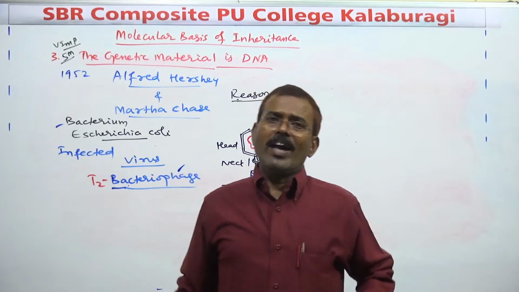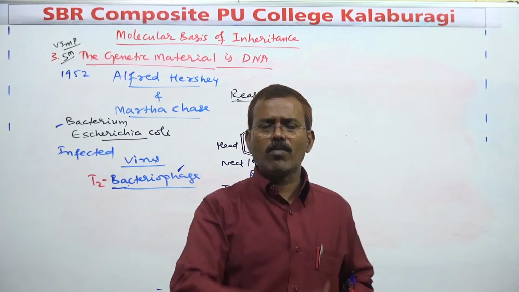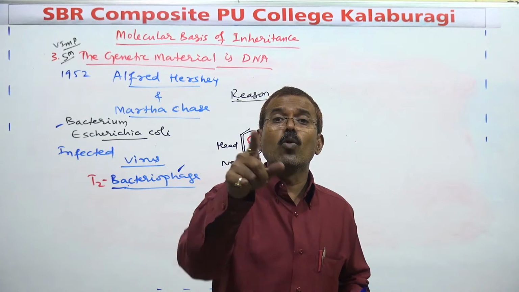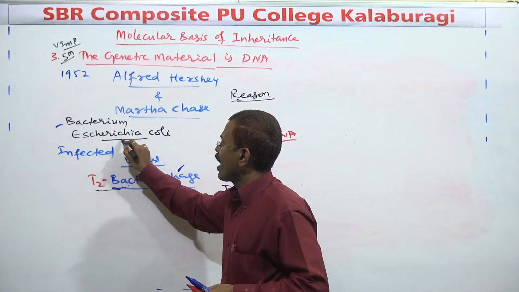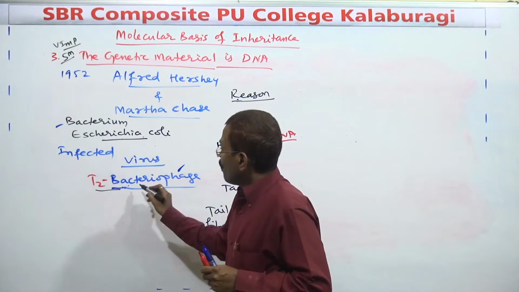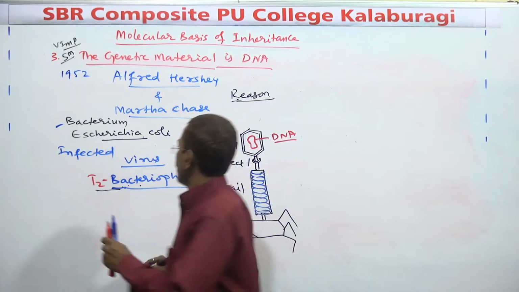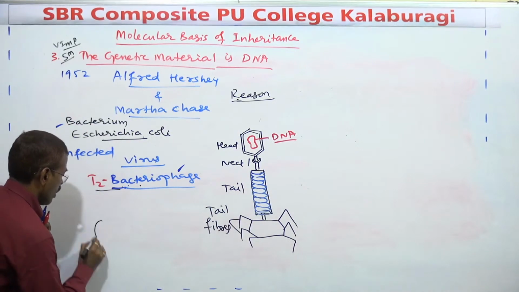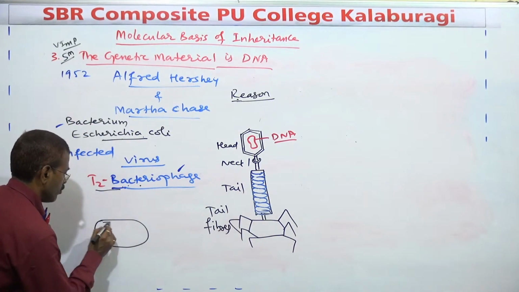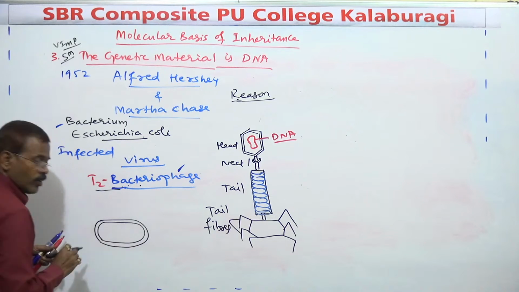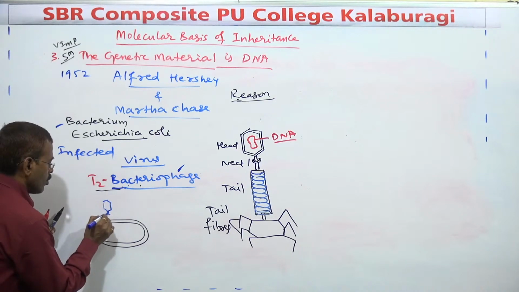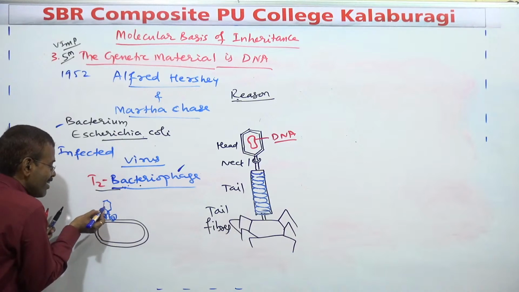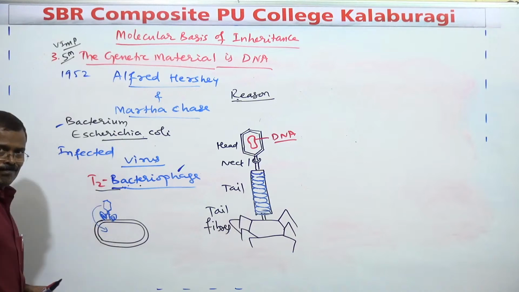You know, viruses are obligate intracellular parasites. They multiply only inside the living host. So T2 bacteriophage can multiply inside E. coli, meaning this virus should enter the E. coli bacterium. Suppose this is the E. coli bacterium, this virus should enter into this bacterium.